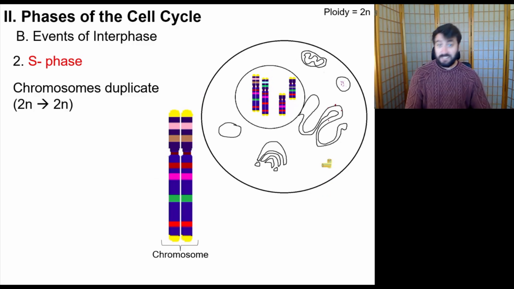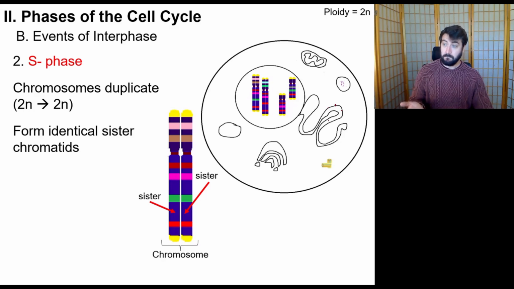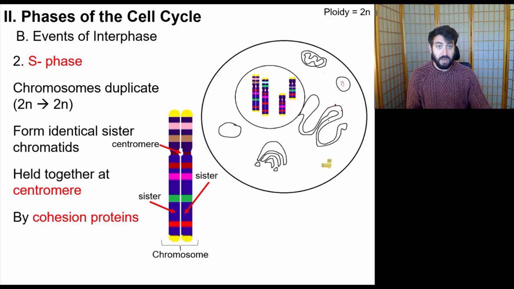Okay, next stage here, onto S phase, where we actually do the duplication of our chromosomes. So we take our long chromosome from mom and we double it, right? Making two exact copies right next to each other. We call these identical copies, what was that again? Yeah, sister chromatids. Now, these sister chromatids are actually held together at the centromere by cohesion proteins, which are going to be helpful later on when we move stuff around.